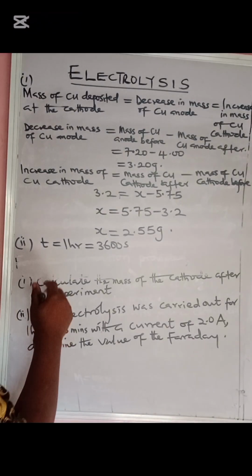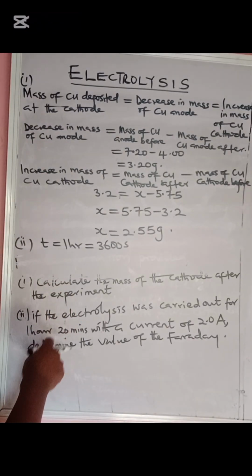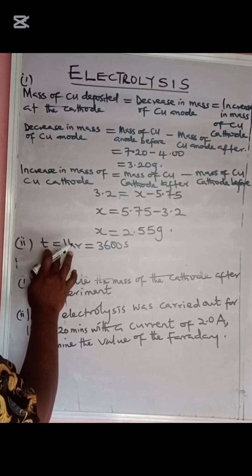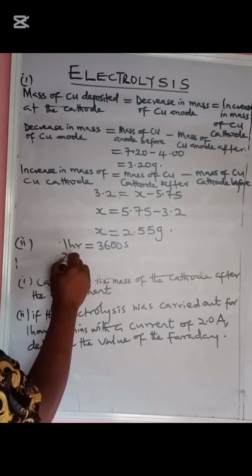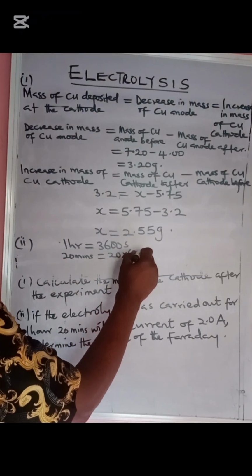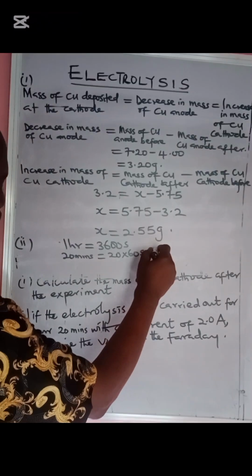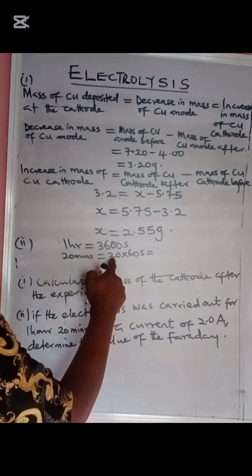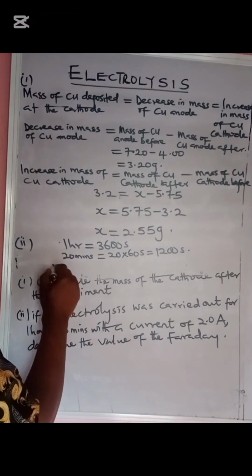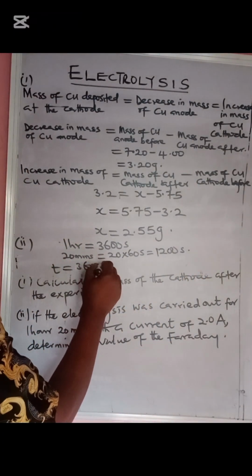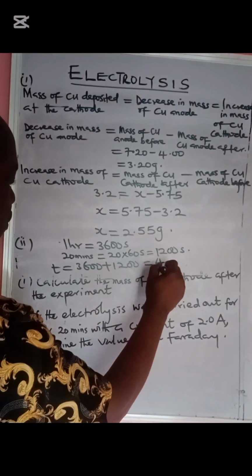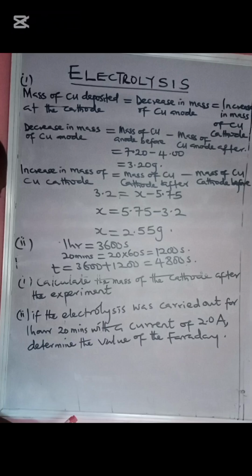Convert to seconds. This is 20 minutes. 1 hour is equal to that, and 20 minutes is equal to 20 times 60 seconds, that is 1,200 seconds. So T will now be 3,600 plus 1,200, so 4,800 seconds. That's the total time in seconds.